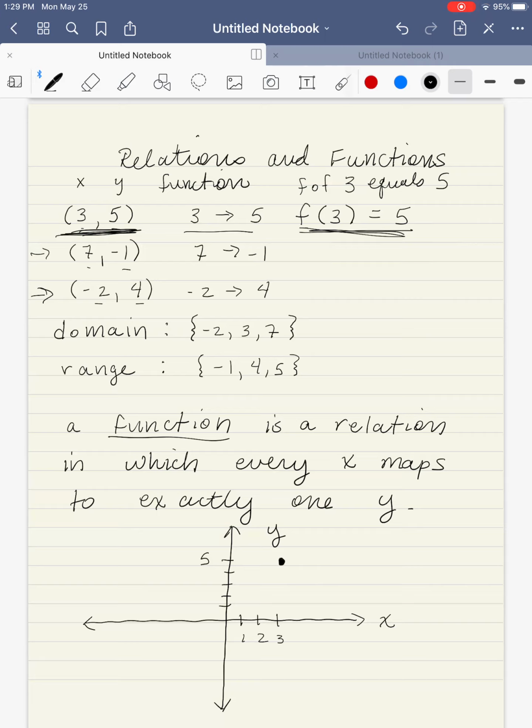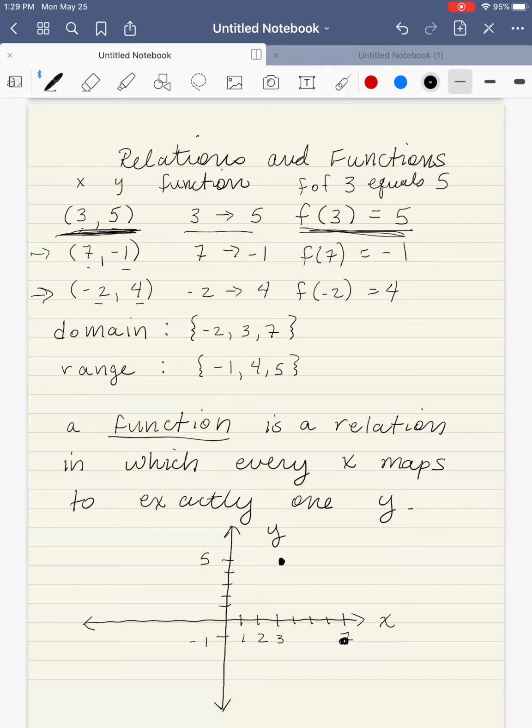Okay, so we see that the ordered pair 7, negative 1 is the same thing as f of 7 equals negative 1. And the ordered pair negative 2, 4 is the same thing as f of negative 2 equals 4. And then if I plot both of those ordered pairs, I come out here to 7, and then I go down to negative 1, and I plot that point.